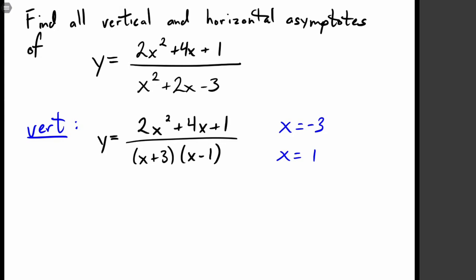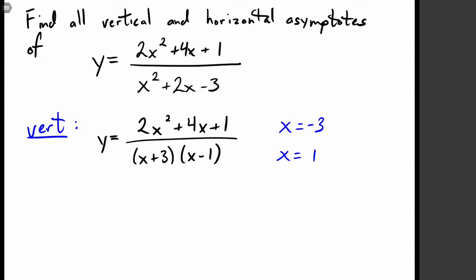So what we need to do is check the limits here. Now remember from earlier, to figure out if there's a vertical asymptote here, all we need to do is see, does the limit from the left equal infinity or negative infinity? Or does the limit from the right? We don't have to check the two-sided limit, which is kind of nice to know.